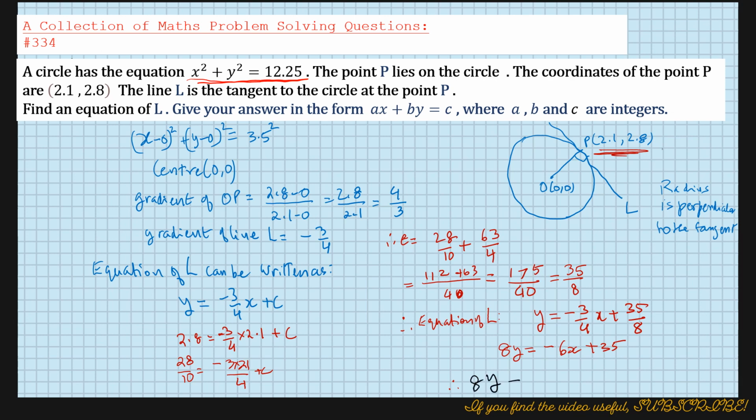We write it in the form ax + by, so 6x + 8y = 35.